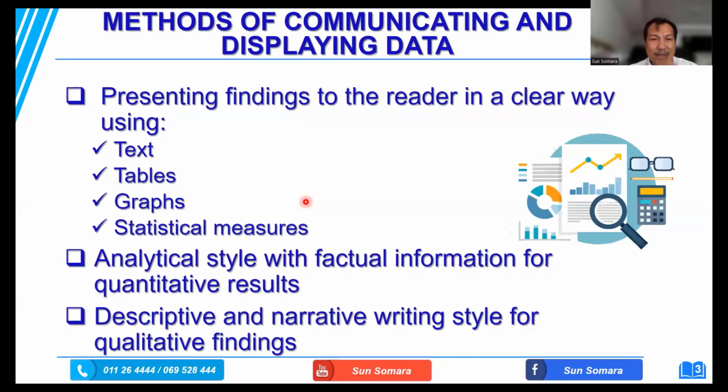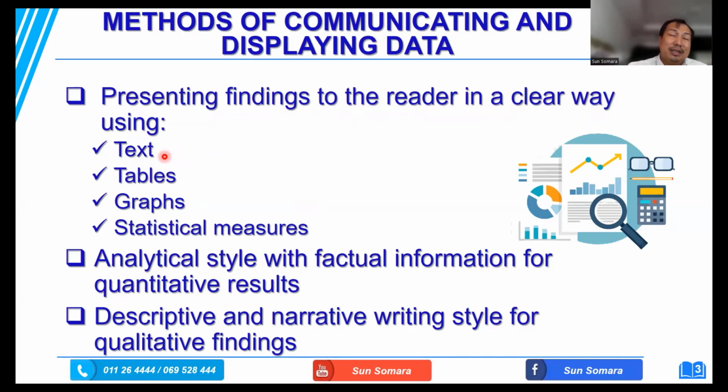Let's move to point number 1. In this part, we focus on methods of communicating and displaying data. The first one is presenting findings to the reader in a clear way using text.